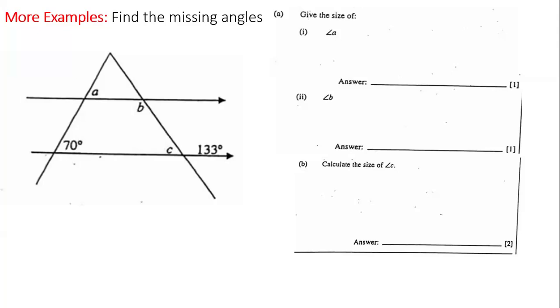All right. Let's go ahead and answer part A. Anyone have any idea how we're gonna get A? Yes, go ahead. We're gonna minus 70 from 180 to get A, because co-interior angles add up to 180.